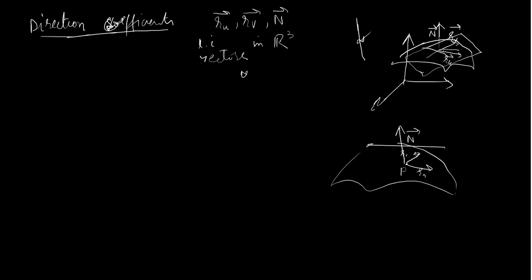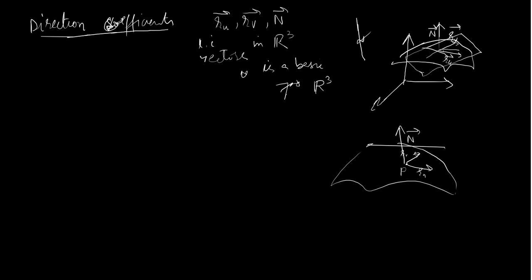We're calling it a local basis because it's given at a point on a surface. At another point, we would have another triplet of vectors r_u, r_v, n. And r_u and r_v cannot be collinear, because otherwise we would lose the regularity of the point, since their cross product would be 0. And of course, n is perpendicular to both, so it cannot lie in the plane given by r_u and r_v.